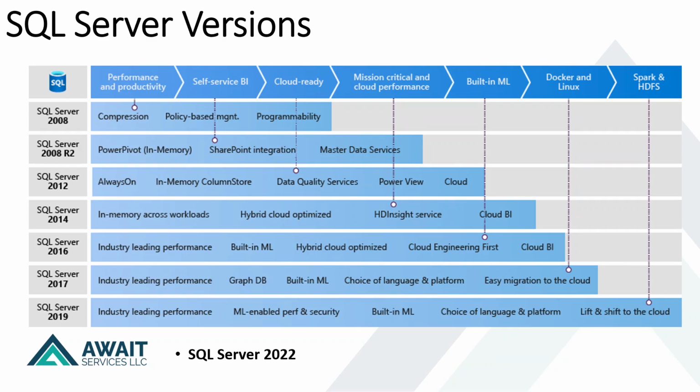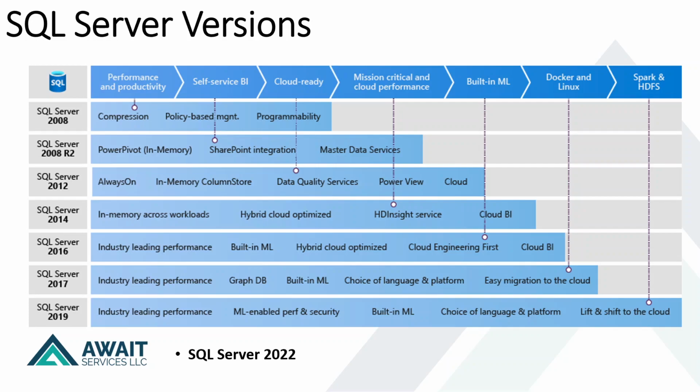This chart right here shows the evolution of SQL Server, which are the different versions over the years. We are starting from 2008. There are other versions prior to 2008, but we are starting from 2008. And we are also showing all the different features that each version has brought for the clients.